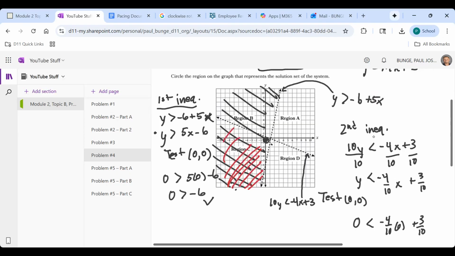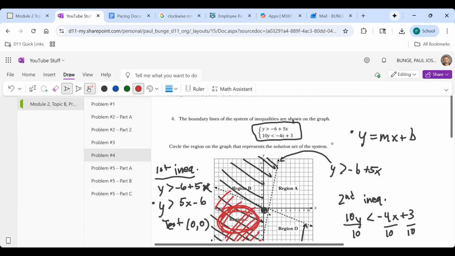So if you see here, these boundary lines include both of them on the correct side of both lines. So region C would be the region that I would circle that has our solutions to this inequality system.